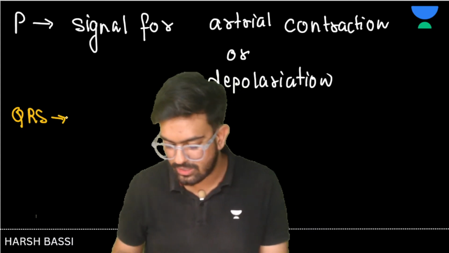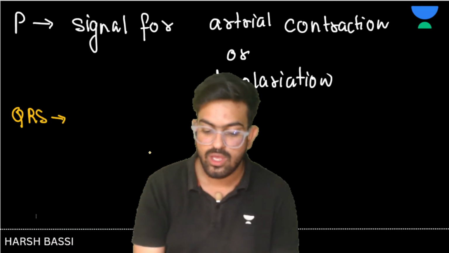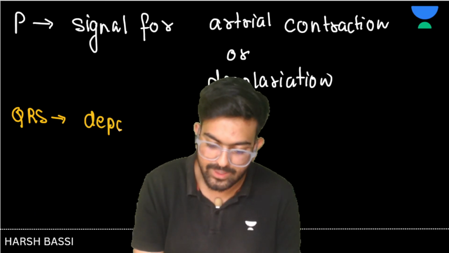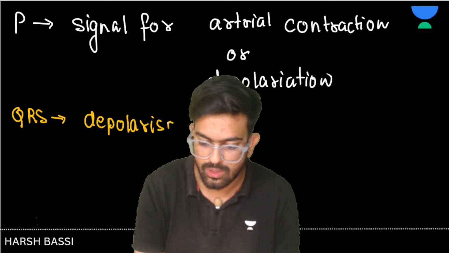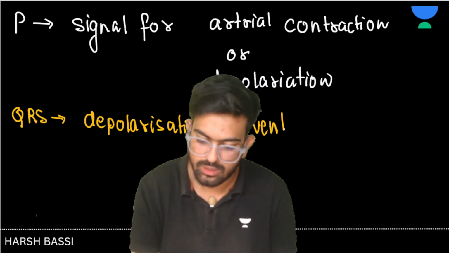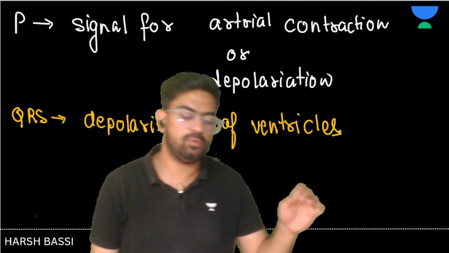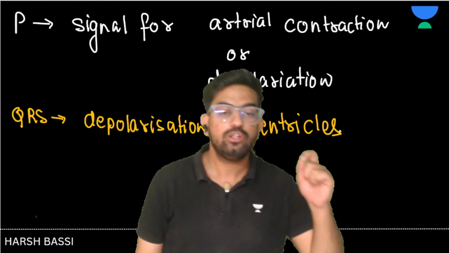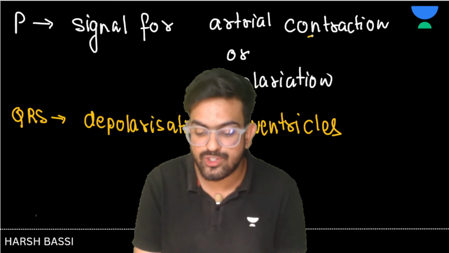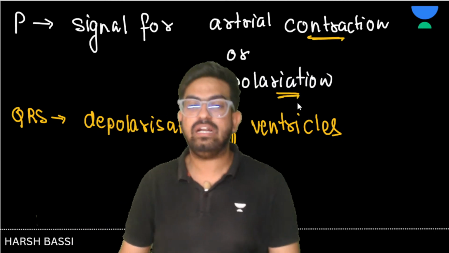Okay, now what does this QRS complex do? This QRS complex is basically depolarization of ventricles. See, तुम्हें अगर repolarization, depolarization, polarization word नहीं समझ में आए ना, तो you learn it like this: जहां जहां contraction आएगा, wherever contraction is there, we will be having depolarization.